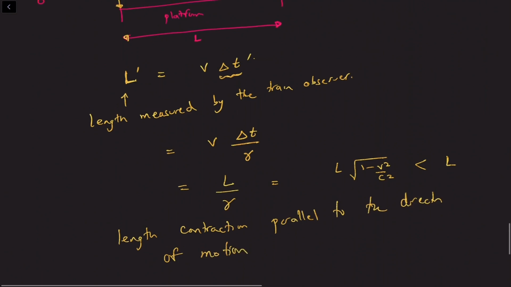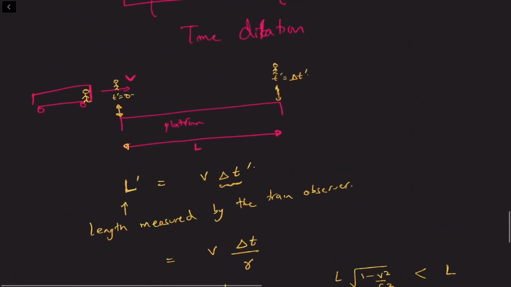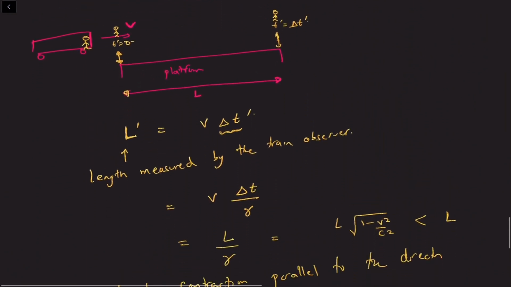So I want to point out one important way in which we used this time dilation effect here. The important thing was to use the same moving clock. That is the clock that is with this particular observer that has moved now from one end of the platform to the other end of the platform.